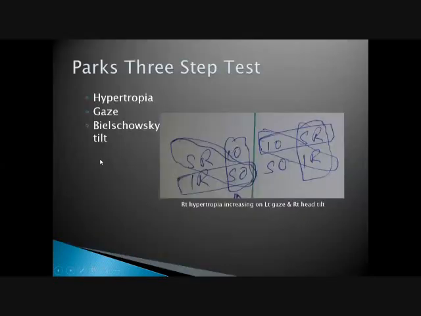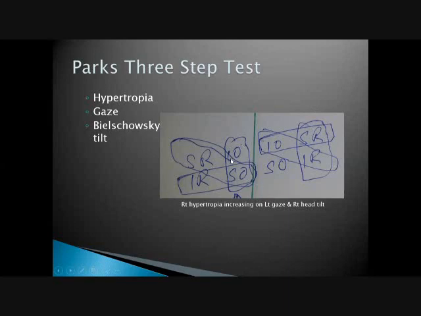Okay, so regarding the Parks three-step test, we always make this type of diagram, considering the 4 muscles which can be responsible for the hypotropia or hypertropia, and then in which gaze it is increasing.